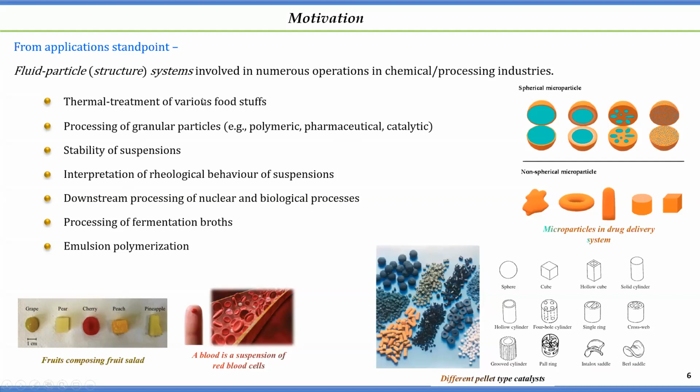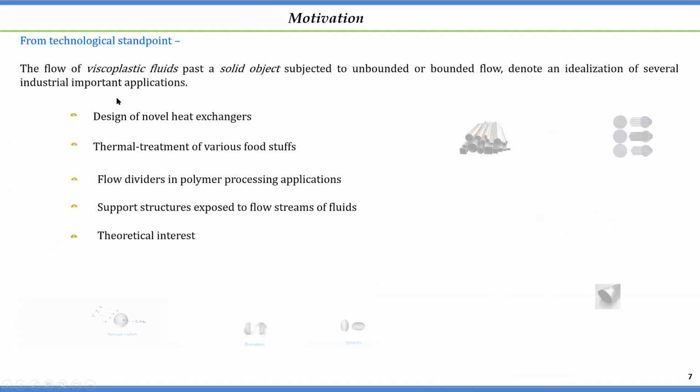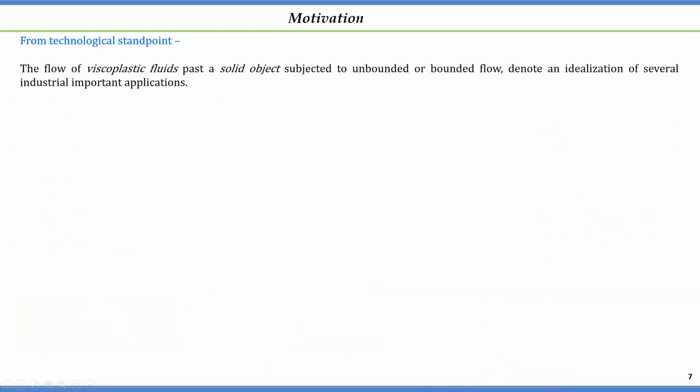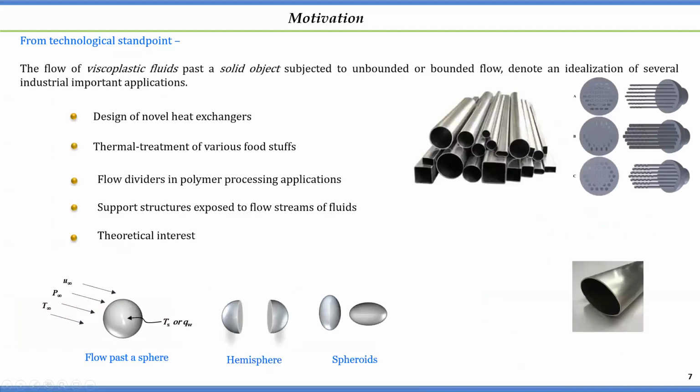So if we zoom out on the technological aspects of all these applications, what are we able to idealize? You are able to see the flow of viscoplastic fluids, basically, when it encounters any solid object in the way of its flow, and the flow might be bounded or unbounded.